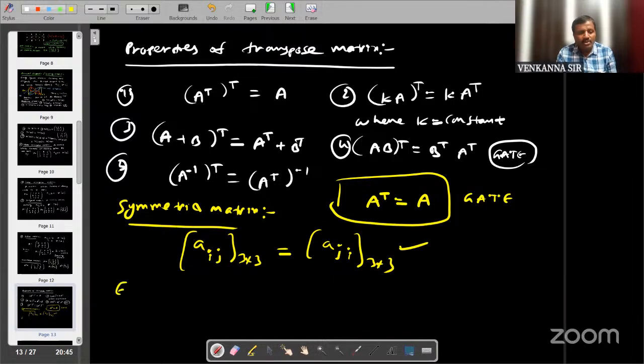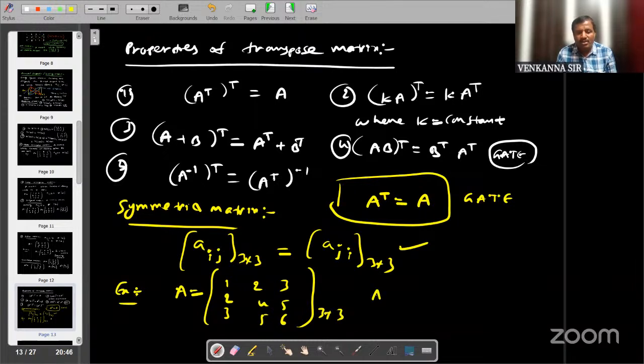Taking an example for the symmetric matrix: A is equal to 1, 2, 3; 2, 3, 4; 3, 4, 5. Take the A transpose of this; A transpose remains as A only. So this is one example for the symmetric matrix.